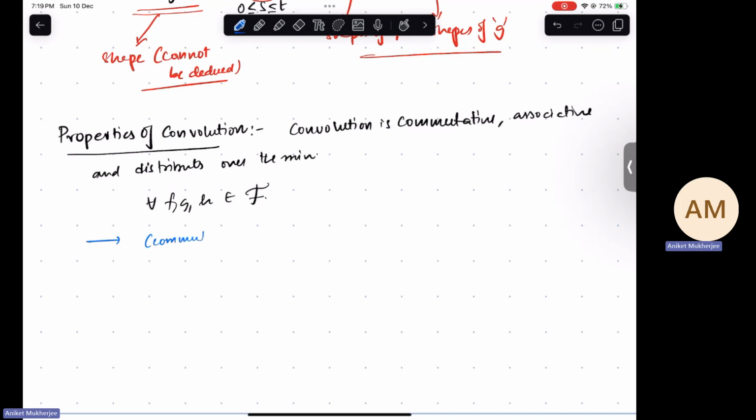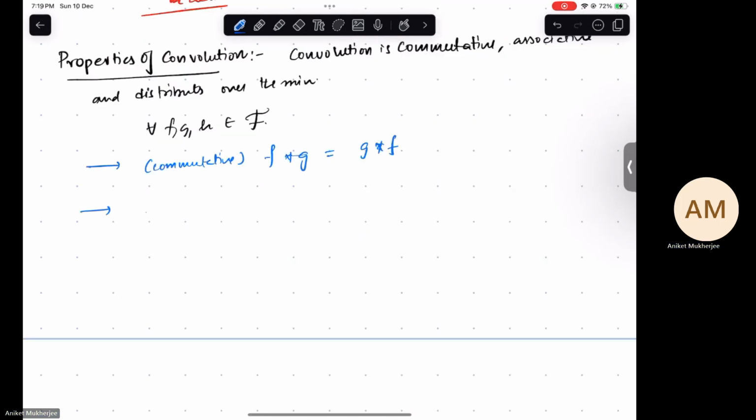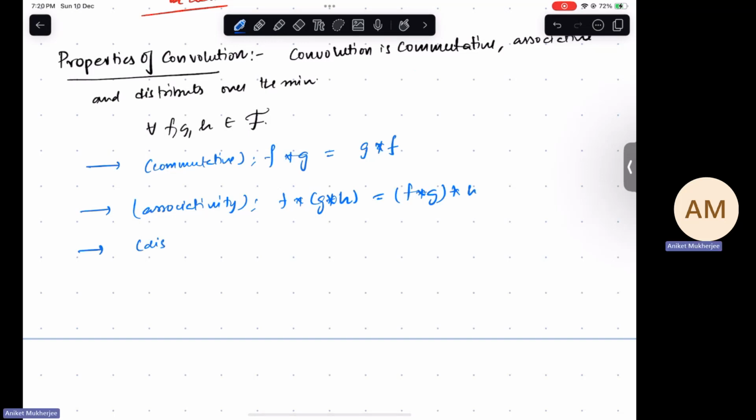Commutative: f convolution g equals g convolution f, right? Associativity: f convolution g convolution h equals f convolution g convolution h. Distributive over the minimum operator: f convolution the minimum of g and h equals the minimum of f convolution g and f convolution h.